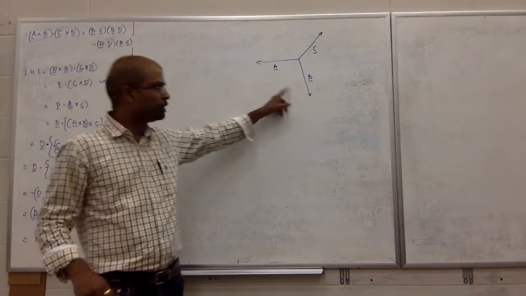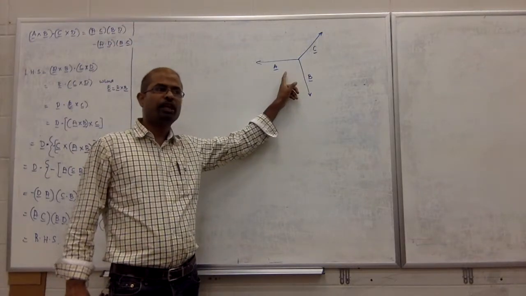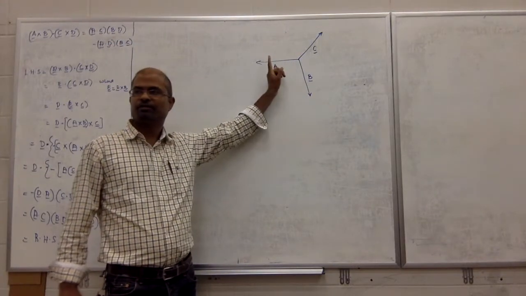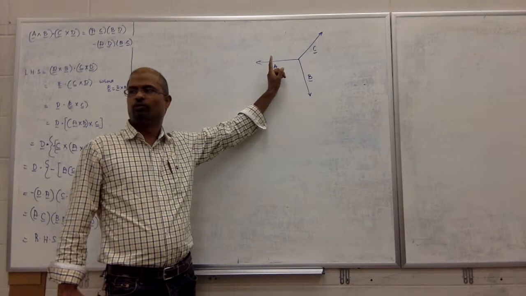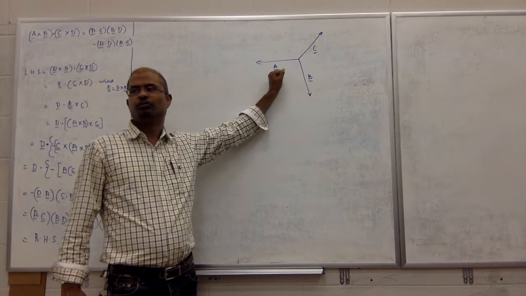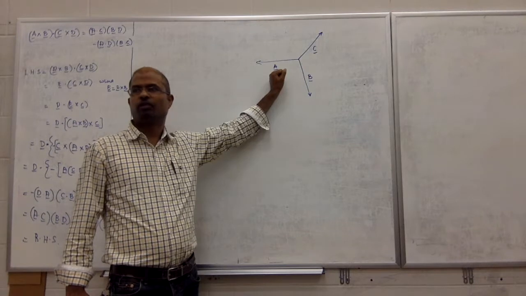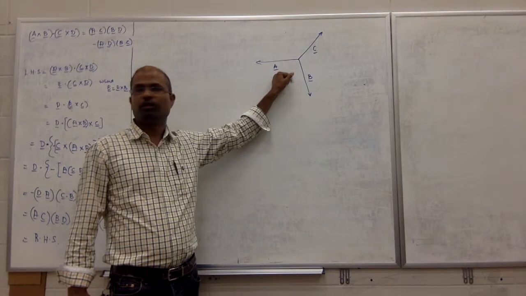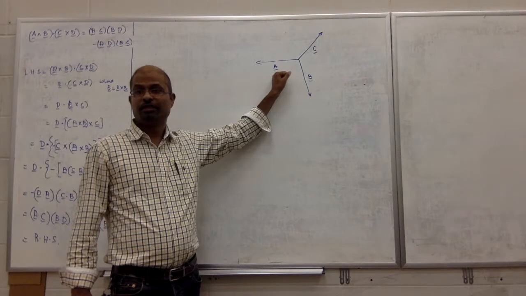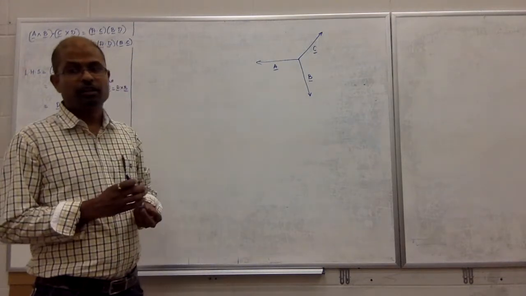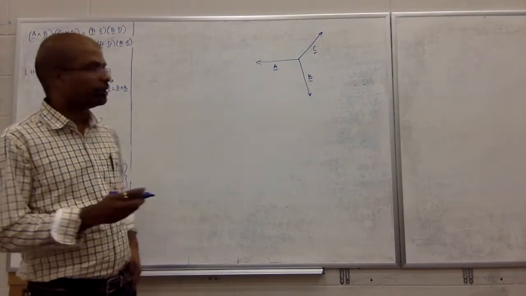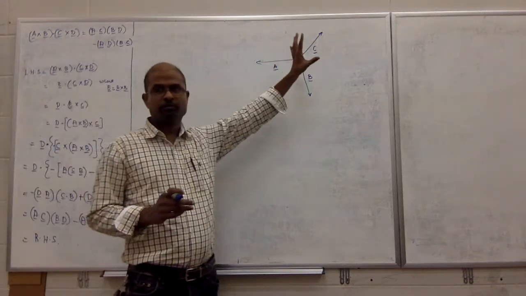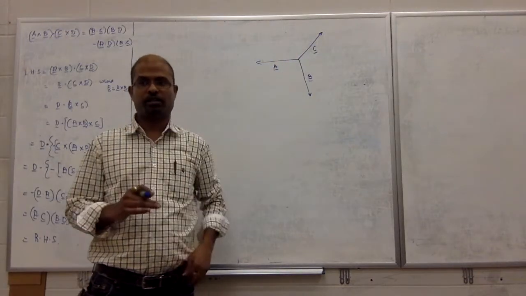So here A, B, C. You know A and B are in a plane. Is C perpendicular? It's not perpendicular to A and B. Only these 3 are given, and you have to construct step by step.